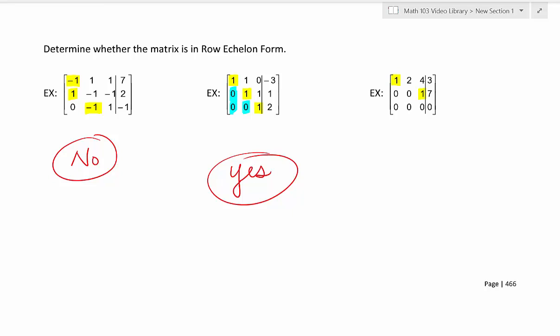Yes, it is. Characteristic number 3 says that the leading 1 in the row above has to be farther to the left. Also true. And then lastly, below each leading 1, it has to be all zeros. Characteristic number 4 is also met. This matrix is in row echelon form.